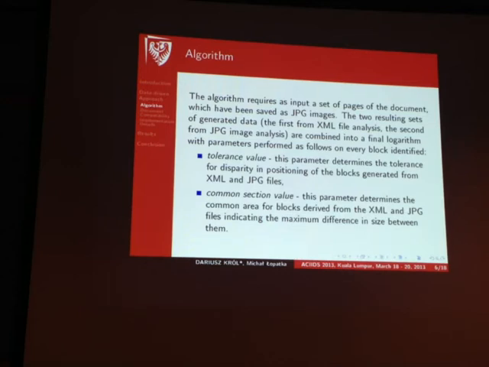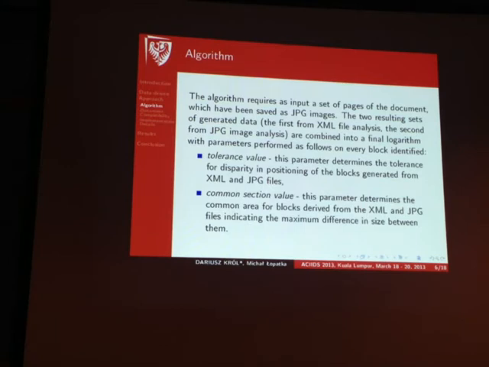We use JPEG images and XML files generated from the PDF file. We use two metrics to show the compatibility with the style: a tolerance value and a common section value.